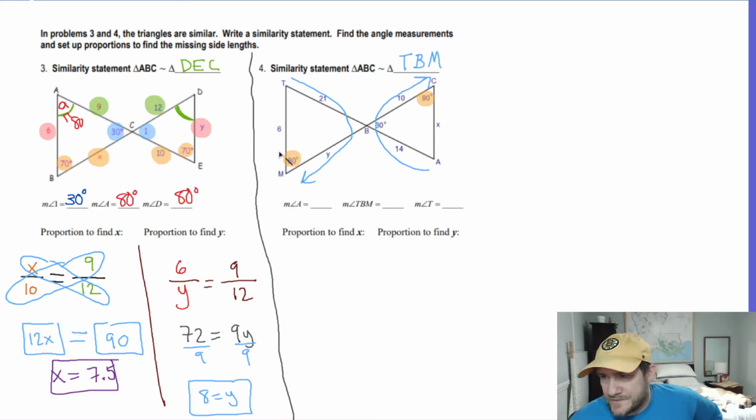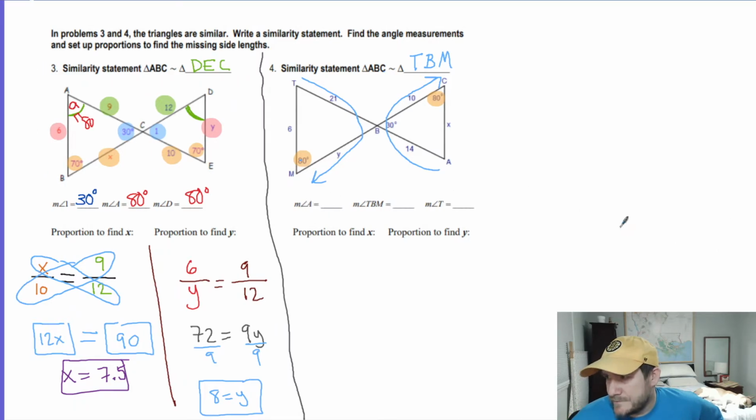So if it says measure of angle A, make sure that you say measure of angle T. And if they say measure of TBM, make sure you say the measure of angle ABC. You want to match the notation you're given. That's basically the safe way to go. And then finally, angle T corresponds with A, so the measure of angle T.